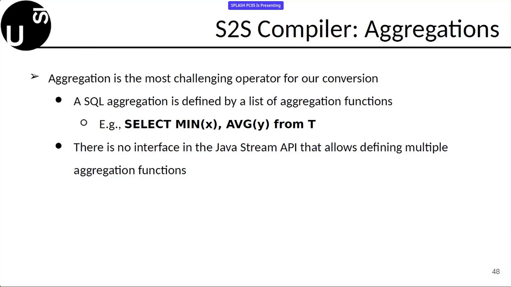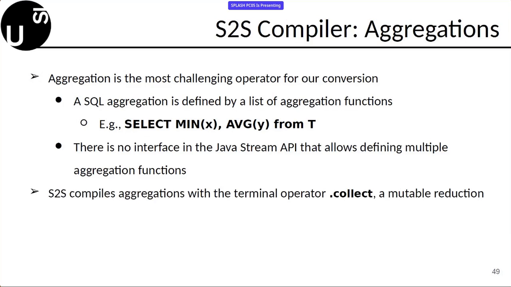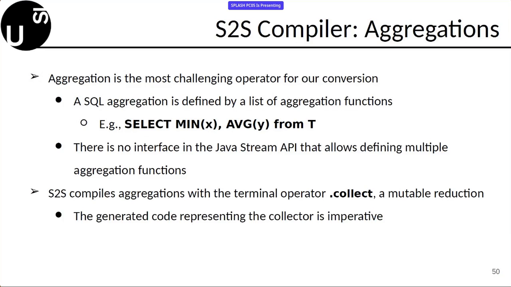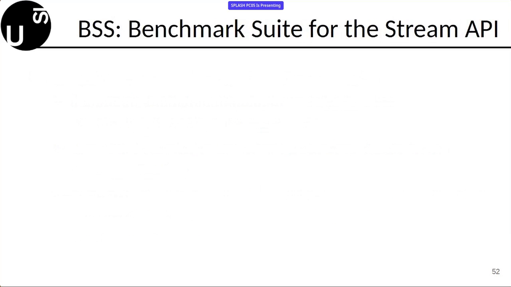We can select the minimum from a certain stream, or the average, but not both at the same time. So for this reason, we compile aggregation into a collect, a mutable reduction, but the generated code for the collector itself is basically imperative code because there is no such interface in the Stream API. We refer to the paper for more detail because there is not enough time.